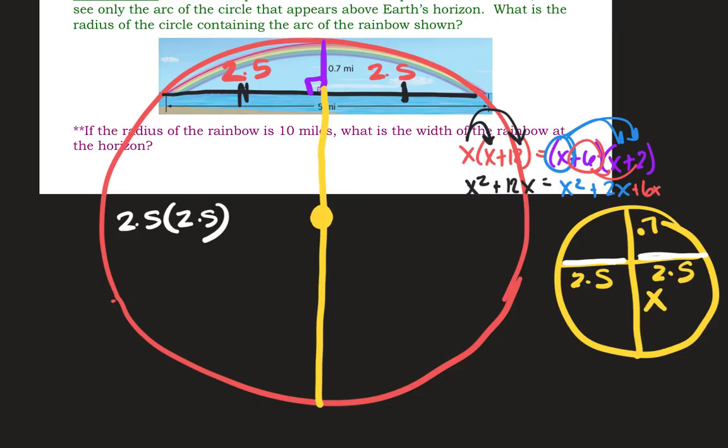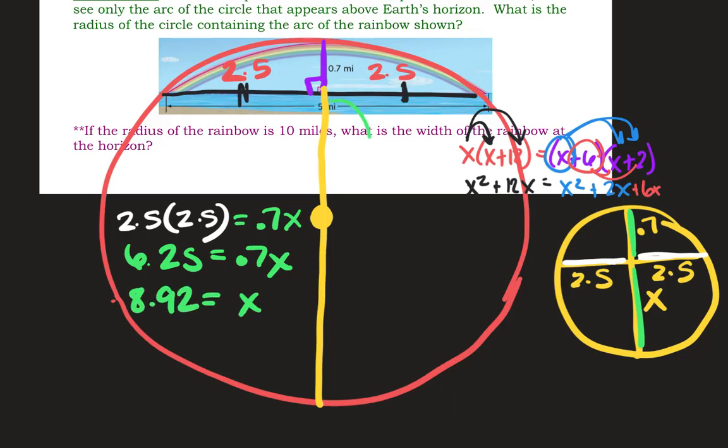Do the same thing with the other chord. With the other chord, we're going to look at what number? 0.7 times x. All right. What's 2.5 times 2.5? 6.25. And then dividing by 0.7, what do we get for the x value? 8.92.